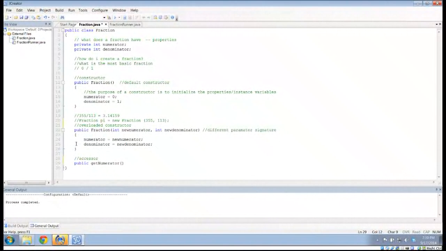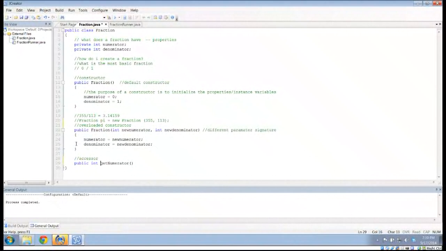And because my numerator is an int, when anyone says, "Hey, what's your numerator?" I want to say, "Hey, it's an integer. Here it is." So I've got this header: public int getNumerator.